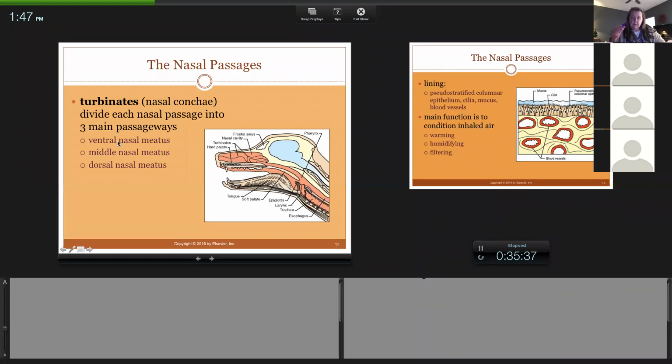The reason this is important is when you do nasal feeding tubes, like a nasopharyngeal tube in a cat or a nasoesophageal tube. You learn that in Tech 6. The landmark to place the tube is you're going to pass it through the most ventral and the most medial part.